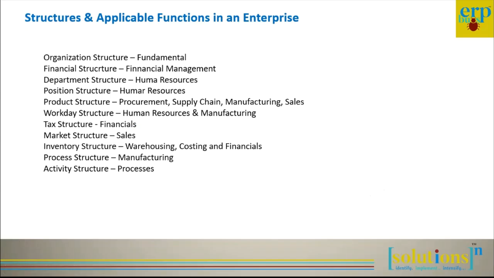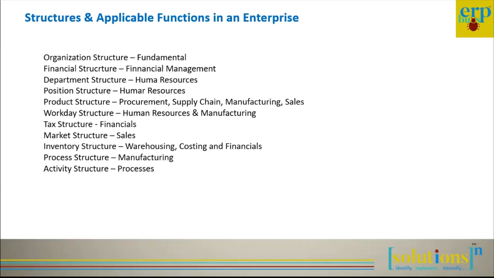We have department structure, because if we do not define the department structure, we will not get to know who is owning which department or who is leading which department. Then position structure, obviously, to have approvals, to have delegation of authority.